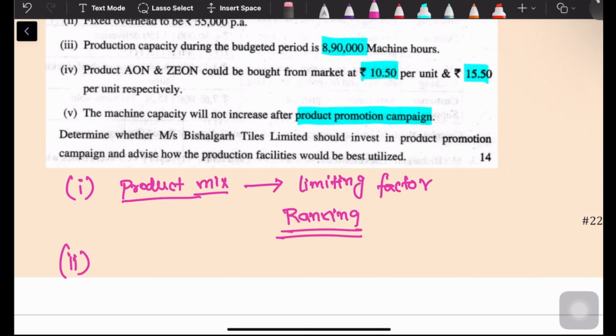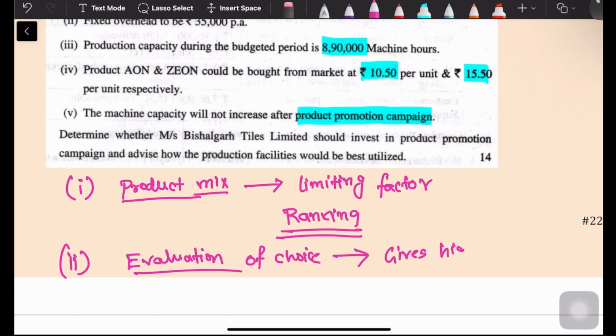Second is decision making or evaluation of choices, with or without the promotional campaign. How do you do this? Whichever gives higher profit. So this is a combination of two types of problem. That is why it is 14 marks.